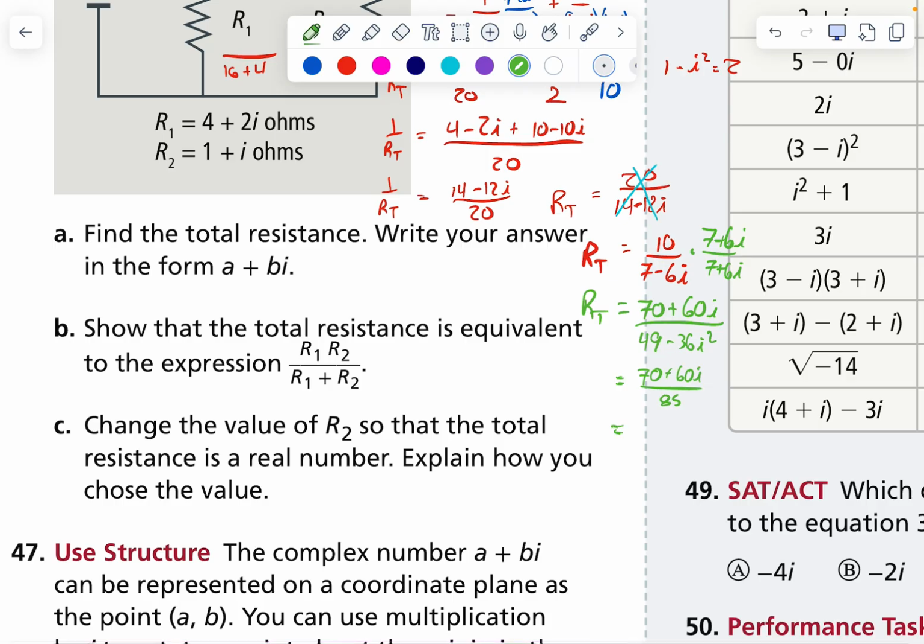Like what can we simplify in all of those? 5 does. So 70 divided by 5, what was it? Did you say 35? I think it's 14, actually. And then 60 is 12, and 85 is 17. So there's the book answer, 14 17ths plus 12 17ths i.